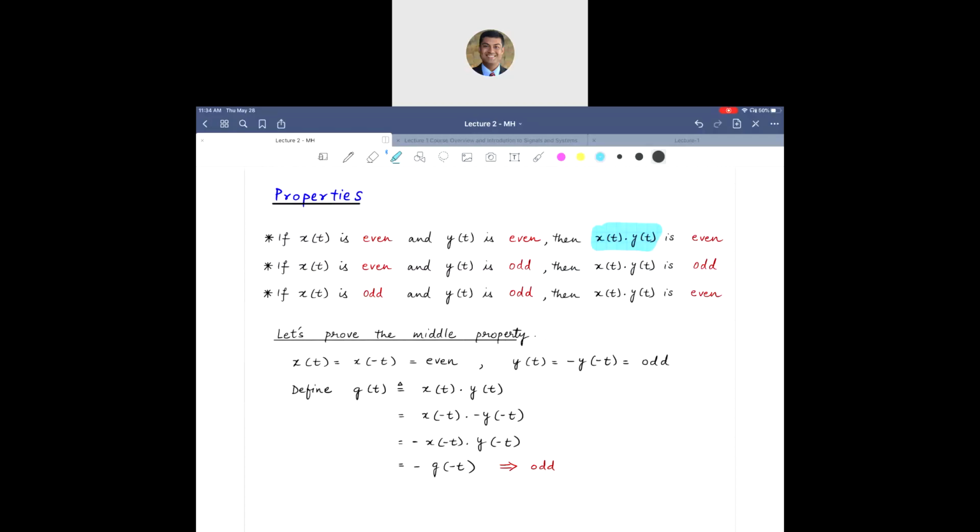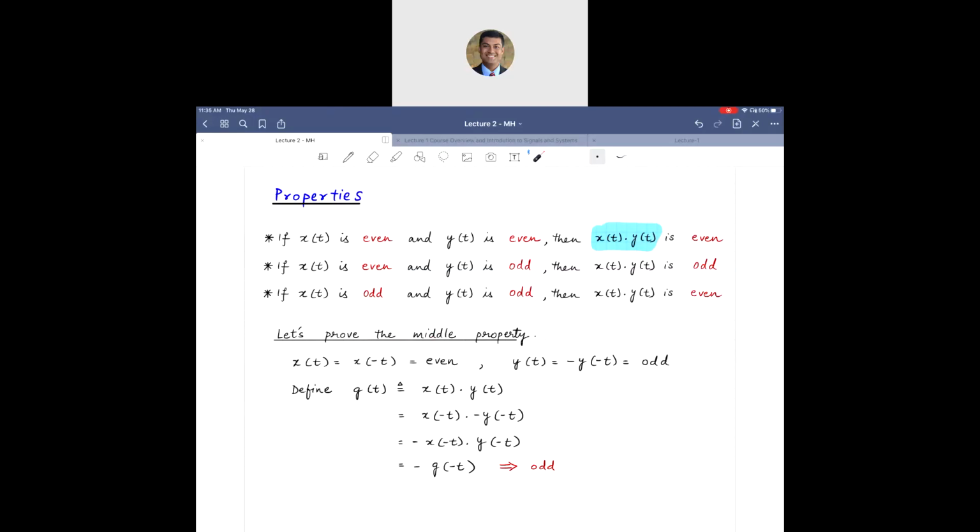It's on a continuous basis. This property says if individually they are even, then the product of those two signals is also even. Similarly, if you have even x, odd y, then the product of those signals will be odd. If x of t is odd and y of t is odd, if both are odd, then the product of those two signals, continuous signals, is even.